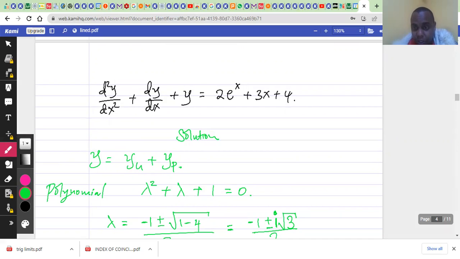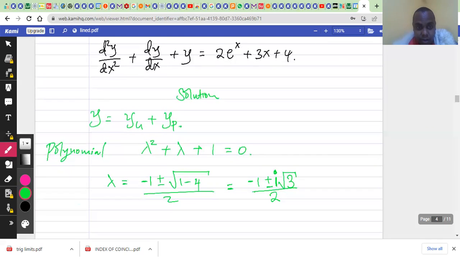And this is the solution. You can see I used the quadratic formula properly. Our negative b is -1 plus or minus square root of 1 squared is 1 minus 4, divided by 2, and this is going to be the solution.